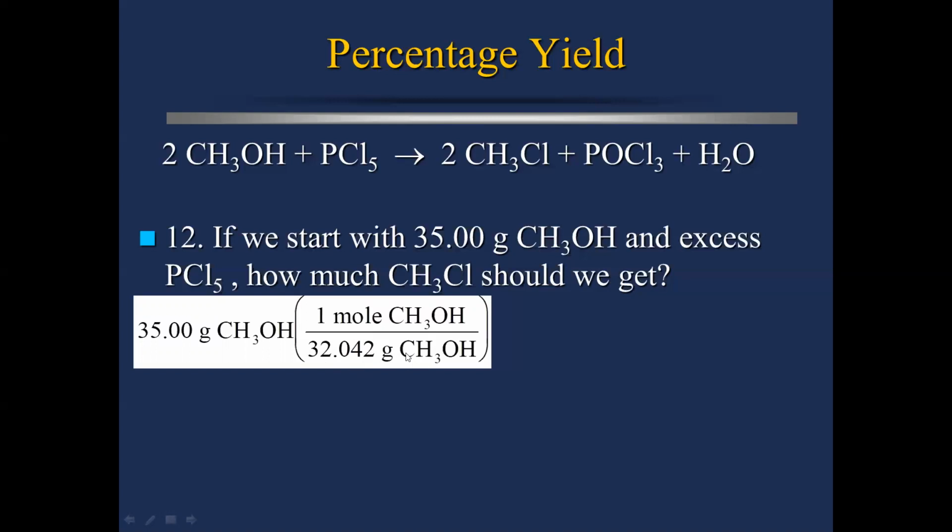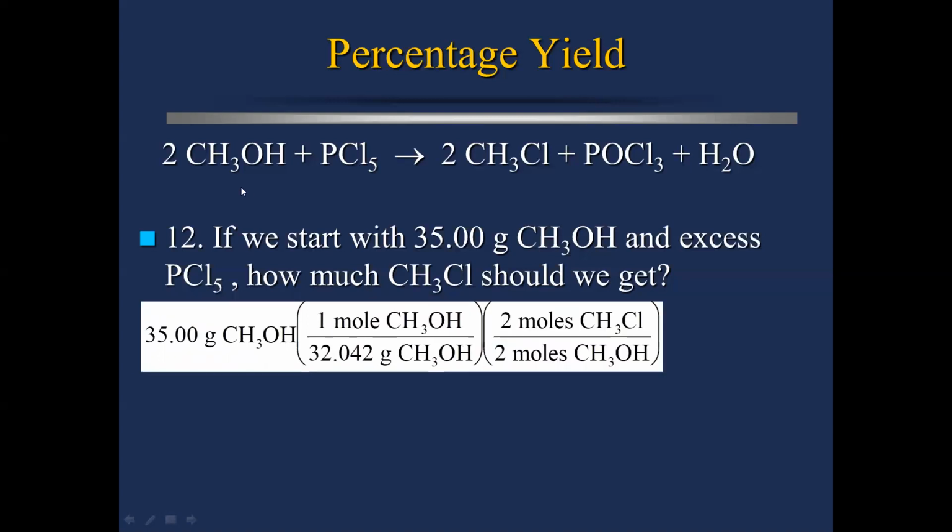I can calculate it from the atomic masses: carbon is about 12, hydrogen about 1 times 3, oxygen 16, and hydrogen 1. Adding them together, you have 32.